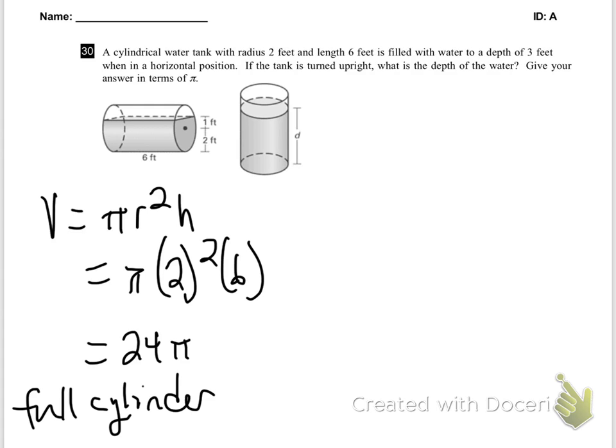What I want to do is figure out, if we have a circle, because the cross section of the cylinder is, of course, going to be a circle.